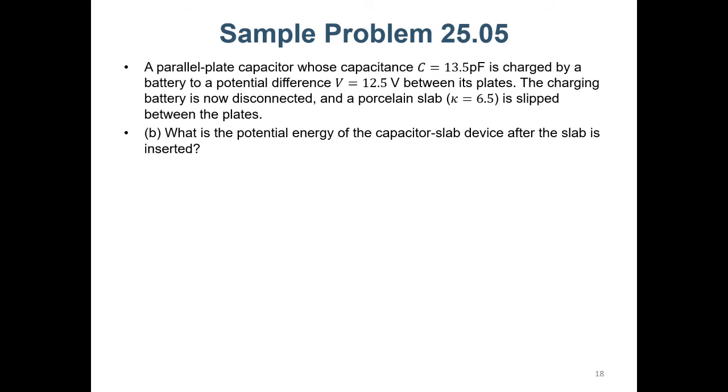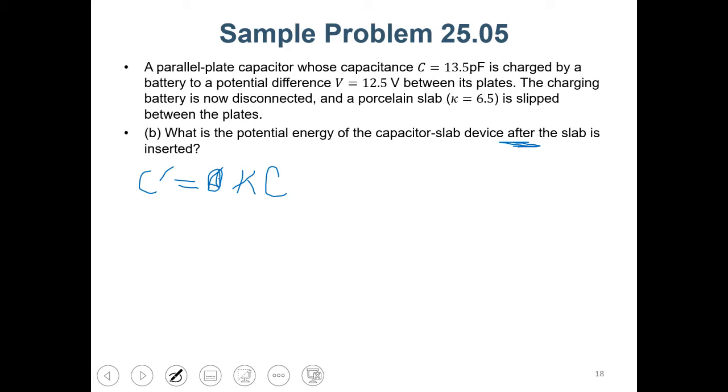What is the potential energy of the capacitor slab device after the slab is inserted? So here C prime will become 6.5 C, which is kappa C, because you can imagine you just replace epsilon naught with kappa epsilon naught.